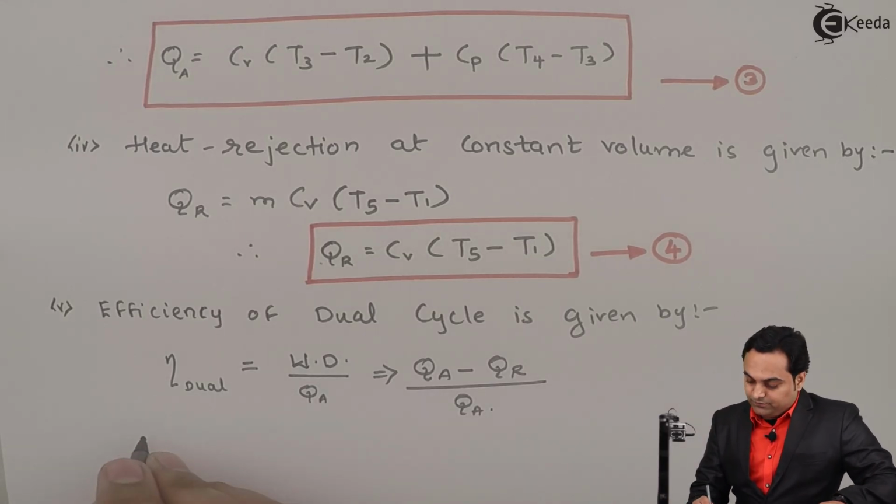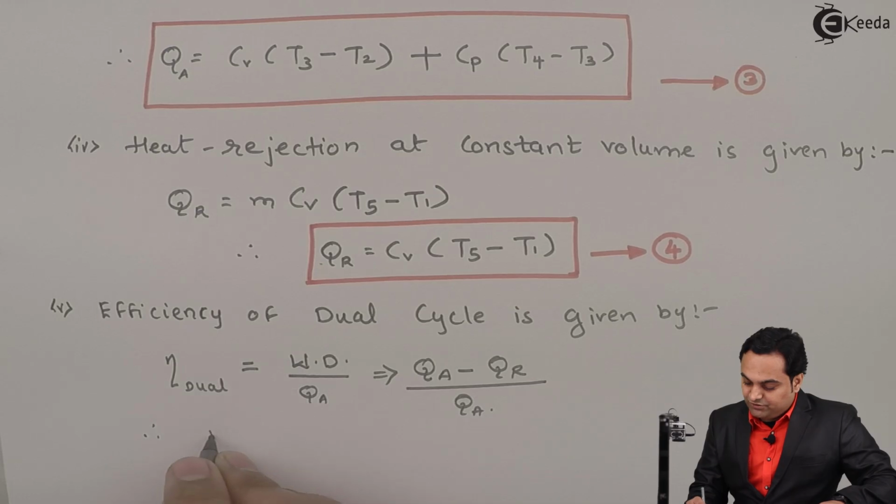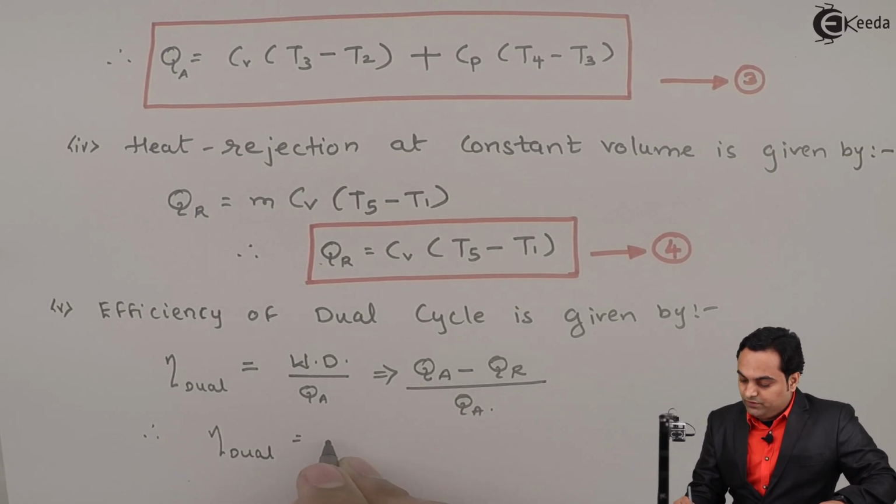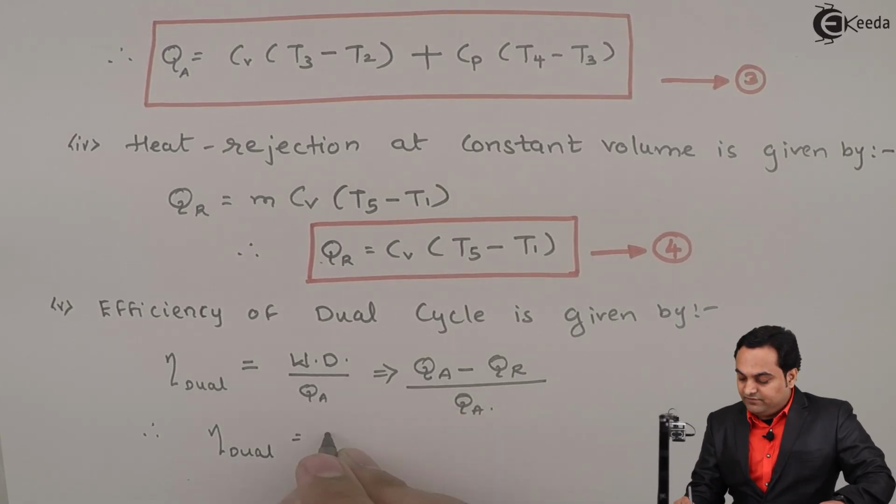Therefore the efficiency of dual cycle will be QA minus QR upon QA, that will give us 1 minus QR upon QA.